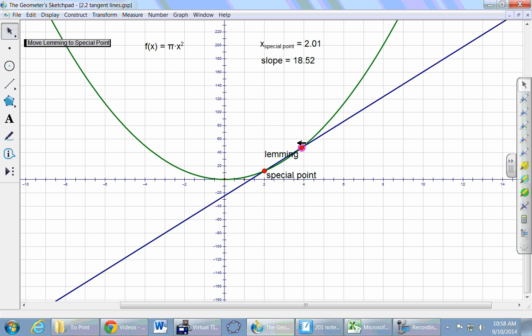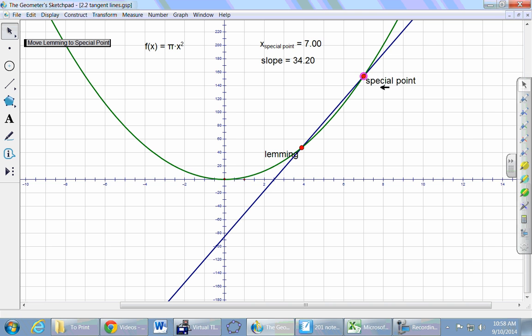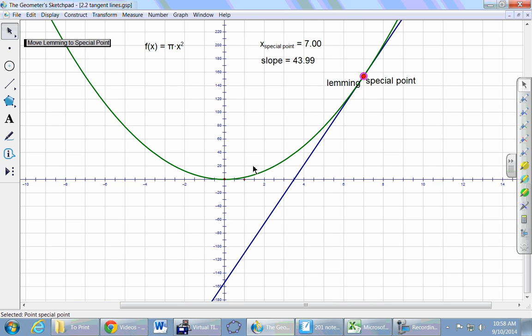And so, for example, if I take this special point and I move it up here, what would you guys think about the slope of the tangent line? It's not there yet, but is that slope of the tangent line up at this point going to be more or less than it was back here? More, because that tangent line is going to be steeper, right? So I forget what the number was down here. Was it 12 and something, 12 and change? All right, so the slope over there is about 44.